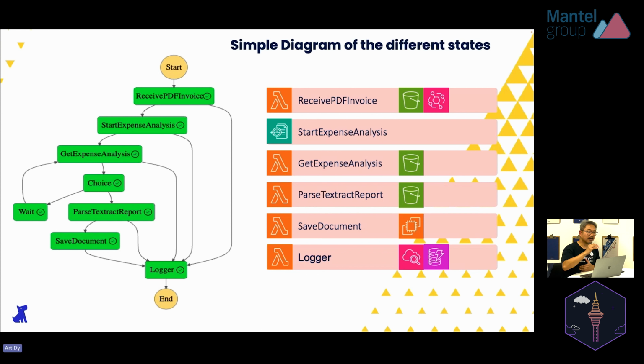There's actually a get expense analysis service that you can use, but because the report coming back from Textract is so big, it goes over the limit of the output. So eventually, when we receive the report, we save it to S3, and the next step just reads that from S3 so we can parse the report properly. That's why we ended up using a lambda.